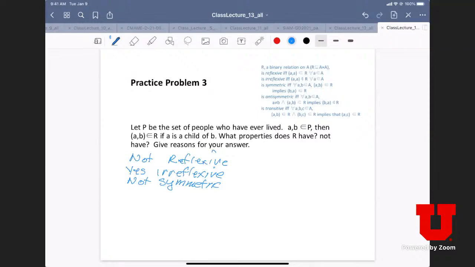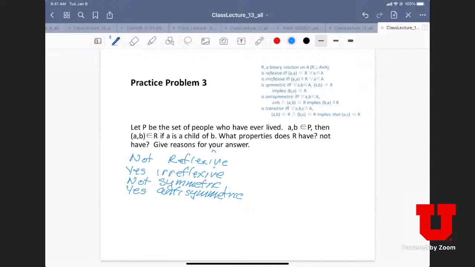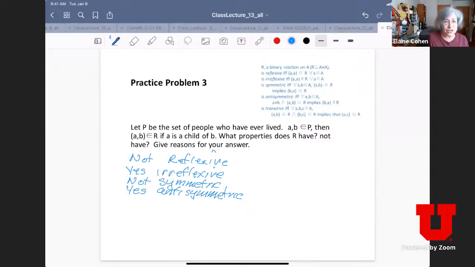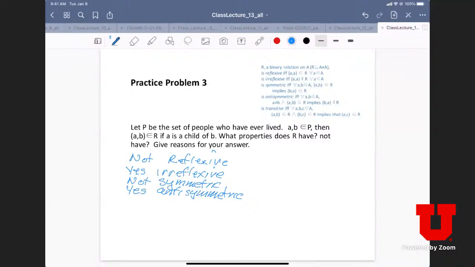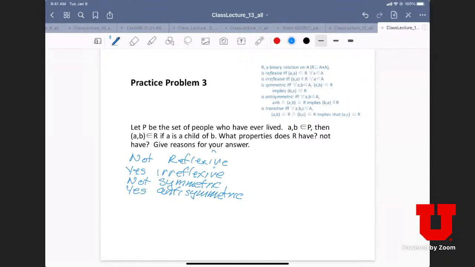Yes. So it is yes to anti-symmetric. Are we saying that a grandchild is related to their grandparent? No, we haven't gotten to transitive yet. We said a child, not a descendant. You picked up my next question, so hold on to that a minute.